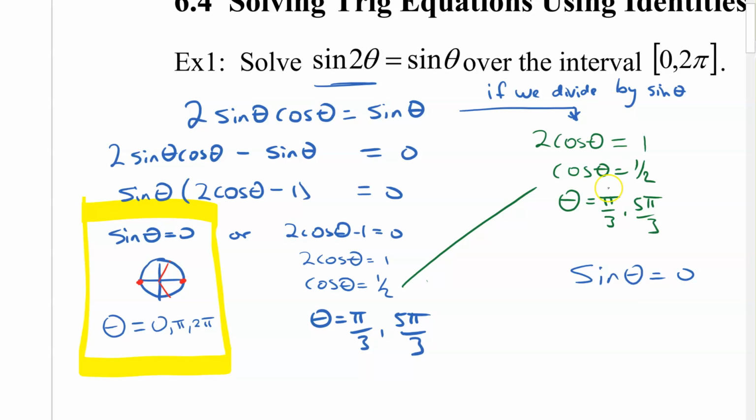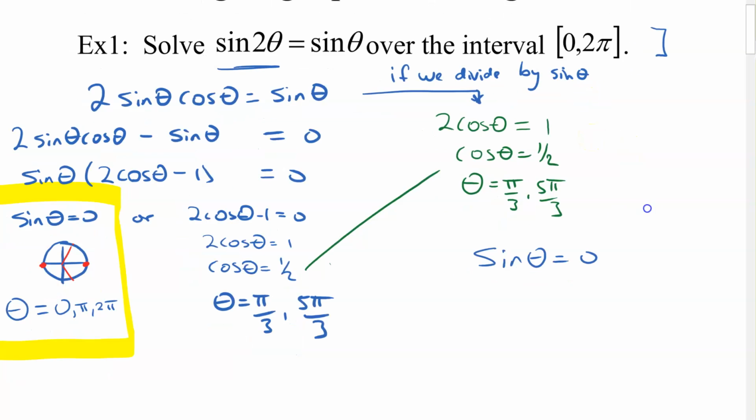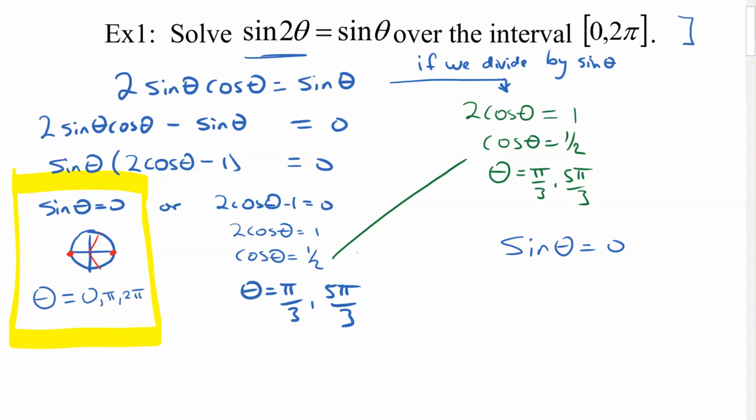When I'm dividing by sine theta, I'm literally dividing by 0. So it's like the reason why weird things happen is because we're dividing by 0, and it's kind of breaking one of those rules of math. So when you're solving these equations, here's the best method: equate one side to 0, and then factor.